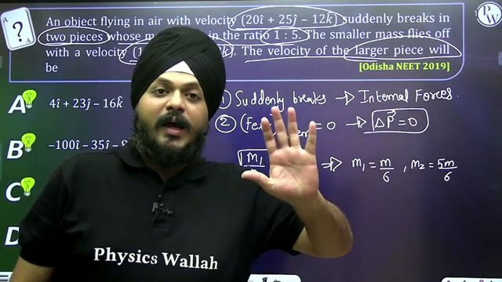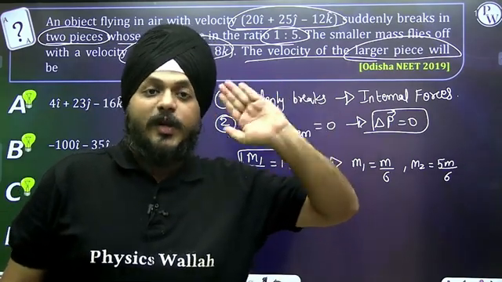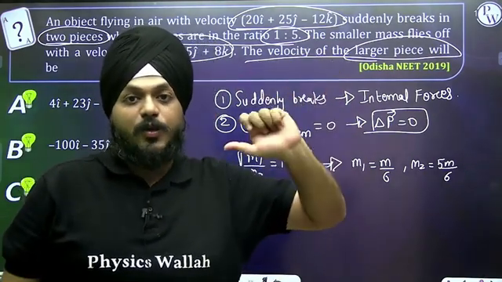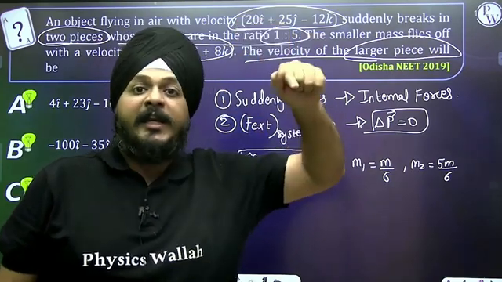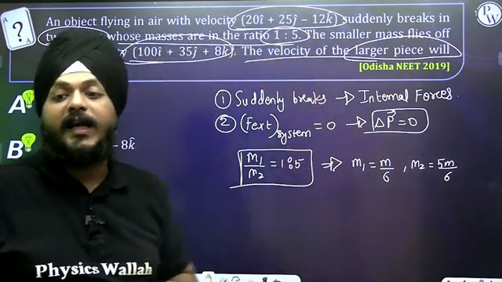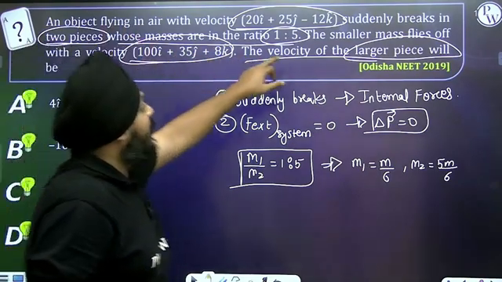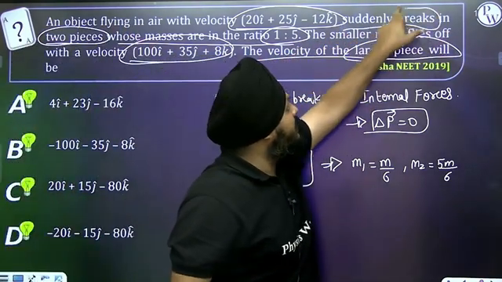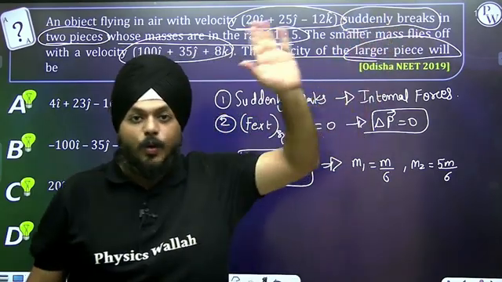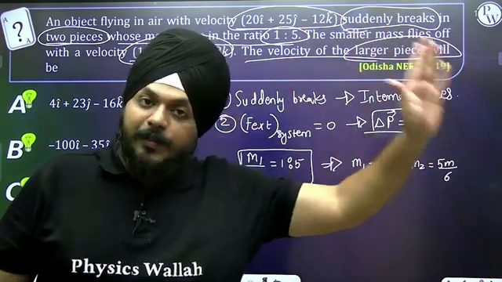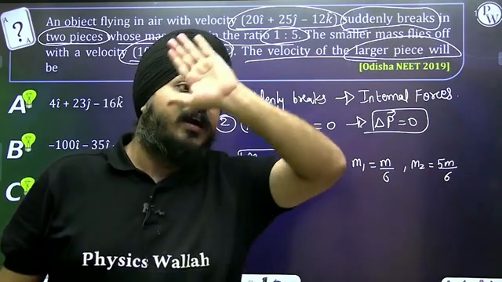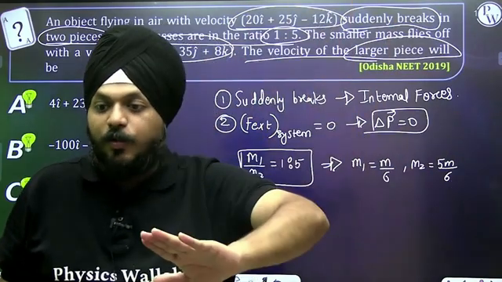What is the right click to reach the solution by reading the question? From what statement, from what word, are you going to get the click? That is: suddenly breaks into pieces. Suddenly breaking means no external forces, and whatever happens is because of the internal forces.